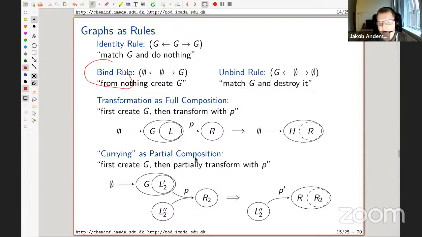And then for the connected component, well, if we just take a subset of connected components and then map that into G here, then we can perform, for those of you that are familiar with Haskell and functional programming, where you can do currying or partial function application, I like to think of this partial composition with these bind rules as a type of currying in graph transformation. So if we now do repeated currying, well, then we can perform full compositions.